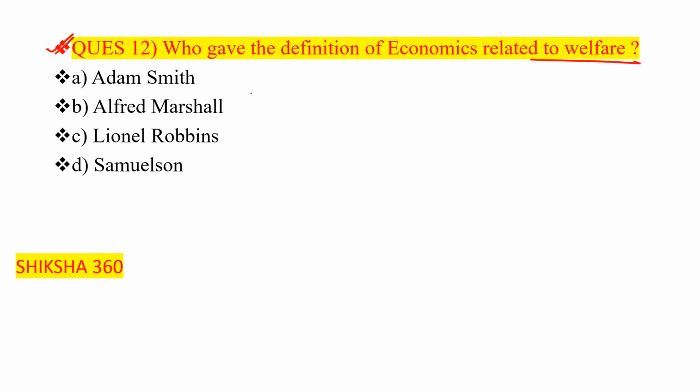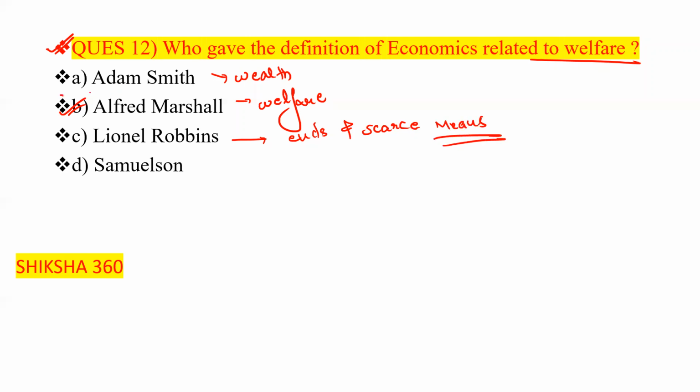Wealth is given by Adam Smith, and welfare is given by Alfred Marshall. So option B is the correct answer, that is Alfred Marshall.